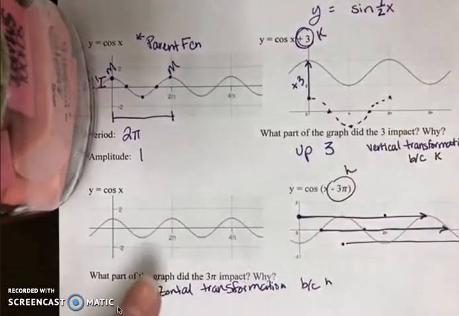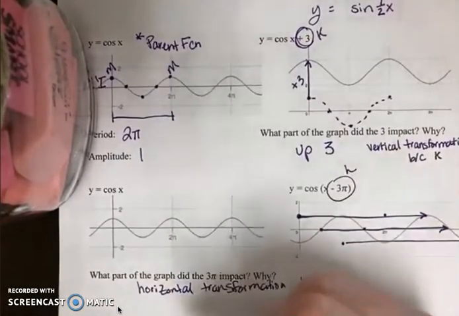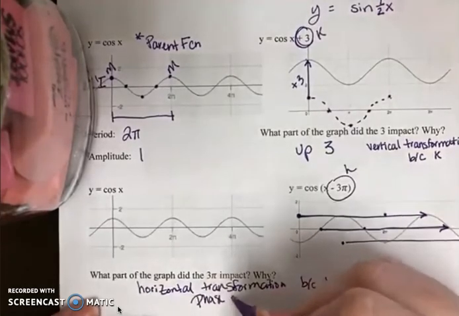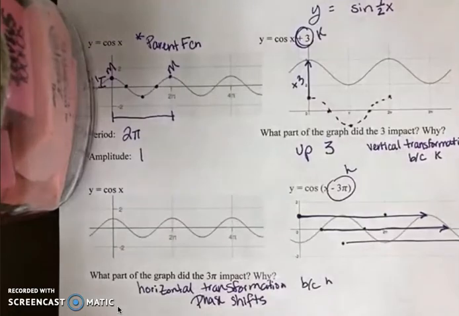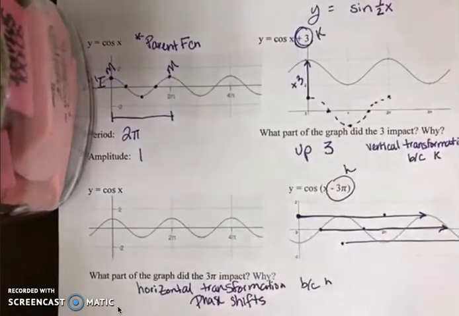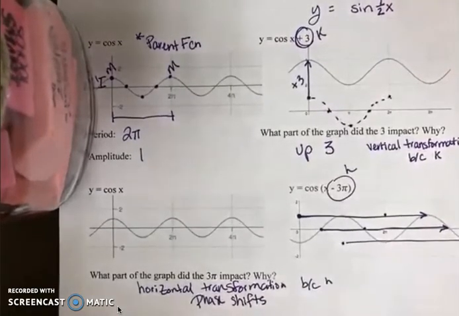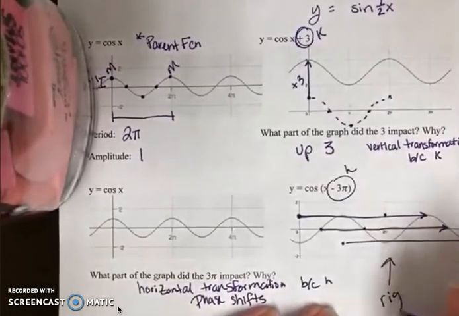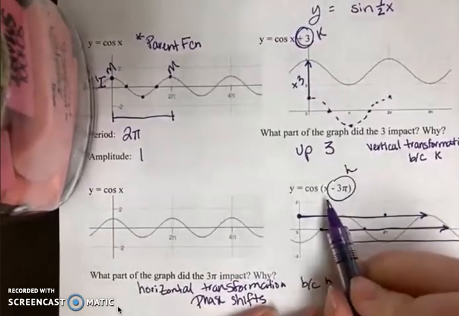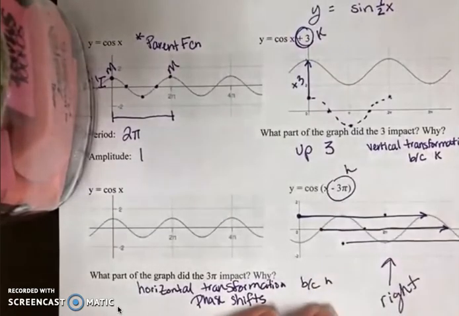We also call horizontal transformations phase shifts. In case I use that terminology, it's a phase shift, but I kind of prefer horizontal transformation. That makes it easier for me to remember. Maybe I'll also make a note that this right here moved right, and if this would have been x plus 3 pi, we would have had to move left, because then we would subtract a negative value to get that x plus some number expression.